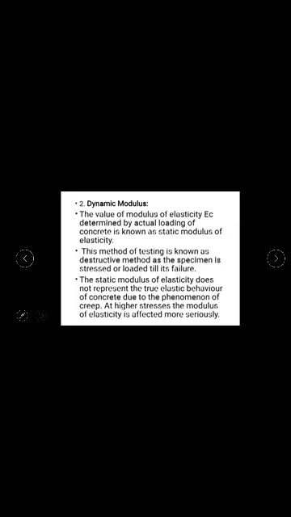You have understood the different moduli used, that is the static modulus and dynamic modulus. Under static modulus you have also seen the initial tangent modulus, the tangent modulus, and the secant modulus in the diagrams.